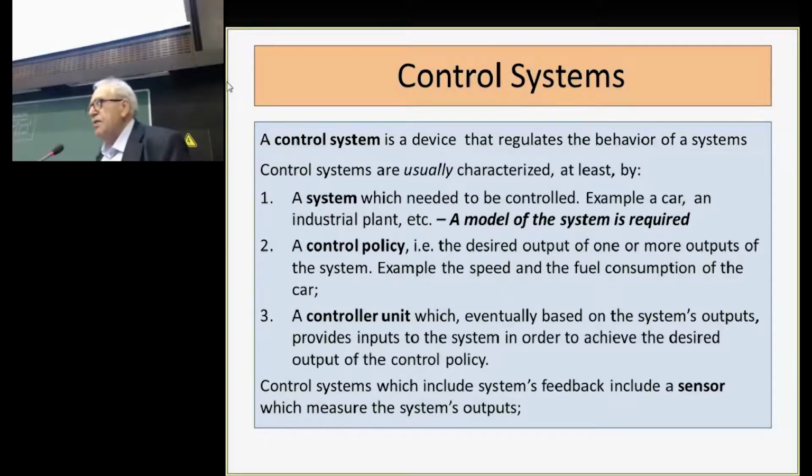So, control policy. On an aircraft you can decide to control the route, or in a car you can control the fuel consumption and things like that. And then controller units: a device which modifies the inputs of the apparatus just to get to the goal.